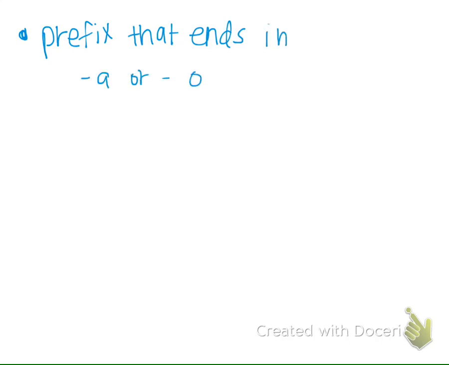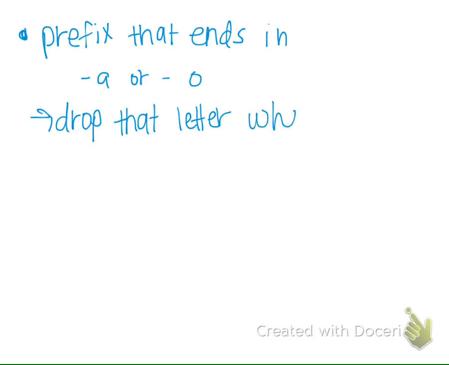When the prefix ends in a vowel, like mono or penta or tetra, things that end in A or O, you drop that letter when the element begins with a vowel. And this makes a lot more sense when we just see it rather than see the rule for it.